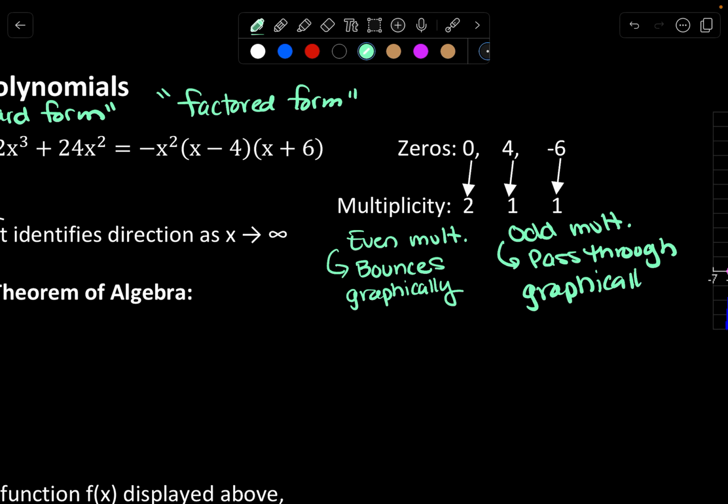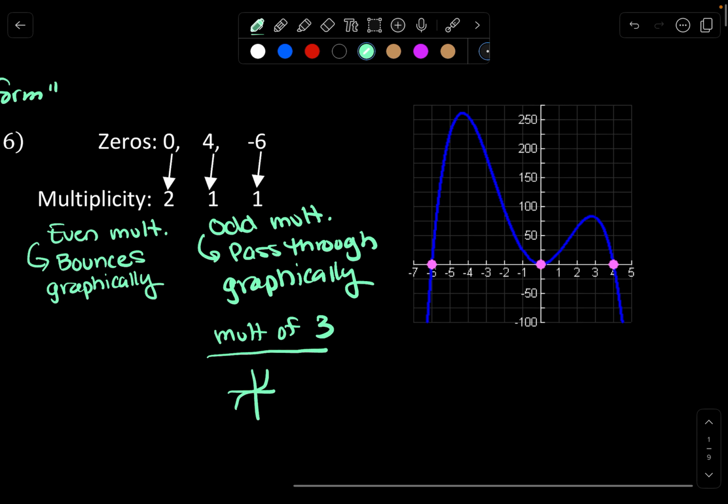Now there are different types of pass-throughs. For a multiplicity of 1, it's just simply going to cross through the x-axis. But if we see a multiplicity of 3, it will create a slide. So think of x cubed. It's going to create that slide motion as it passes through that root or that 0. So we have a picture of the graph over here.